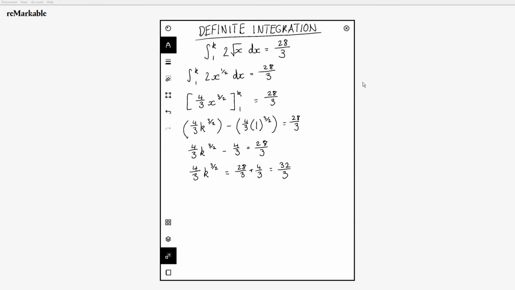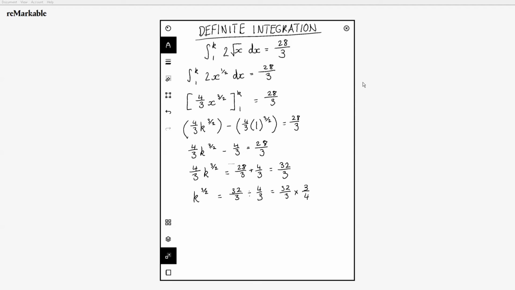And then obviously you can ignore this middle section now because it's just this over here is equal to 32 over 3. Then we get rid of the thing that's multiplied by k. Because it's multiplied on this side, we divide on the other side. So that means k to the power of 3 over 2 equals 32 over 3 divided by 4 over 3, which is the same as saying 32 over 3 times 3 over 4.